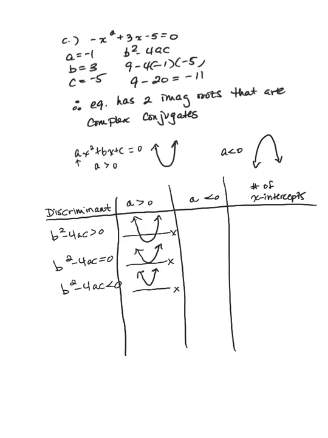So similarly, when a is less than 0, and b squared minus 4ac is greater than 0, you'll just have a frowny face, but you're still going to have two real roots. And then when we have 0, it's going to hit in one spot.